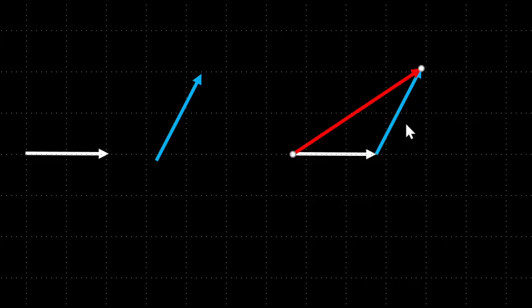So now let's actually do the derivation of this and actually give them some labels, which will make it much easier or much more manageable to do some calculations.